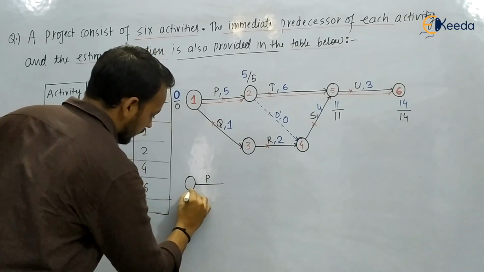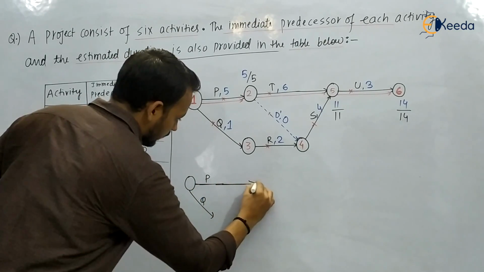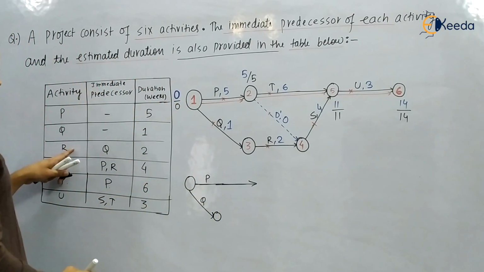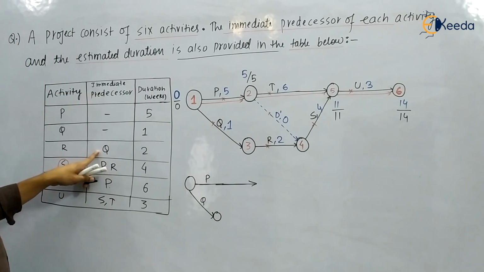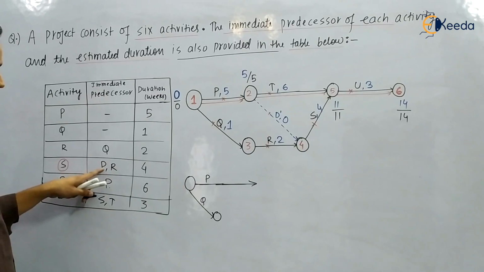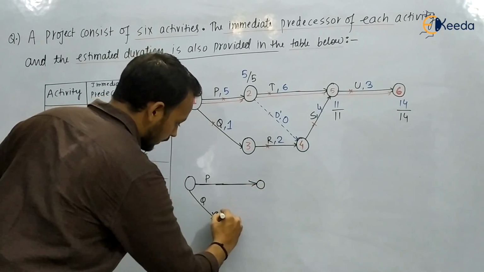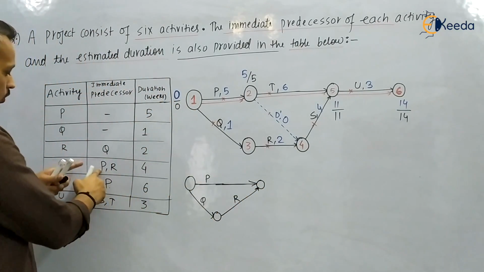This is activity P, this is activity Q. Now they draw R, which follows Q, and for S, we have to match P and R. So they just do it like this. This is R, and it means we have to combine P and R.